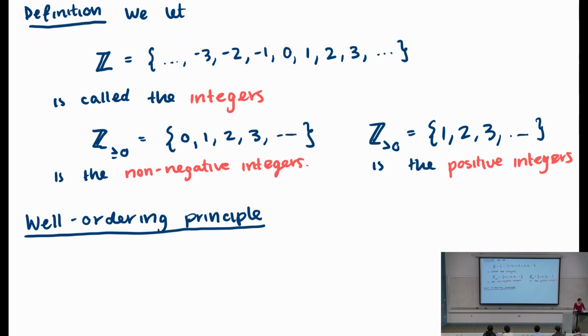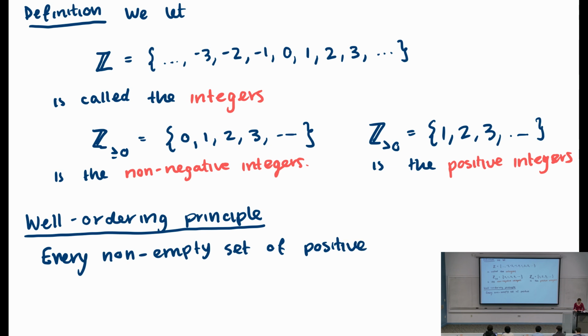So this says that every non-empty set of positive integers contains a smallest element.